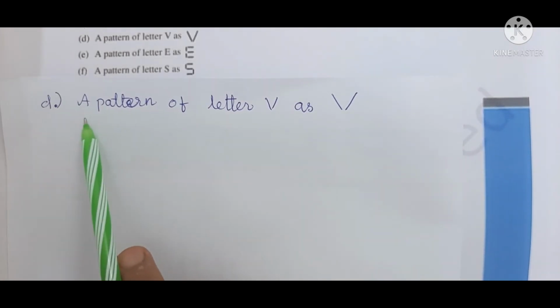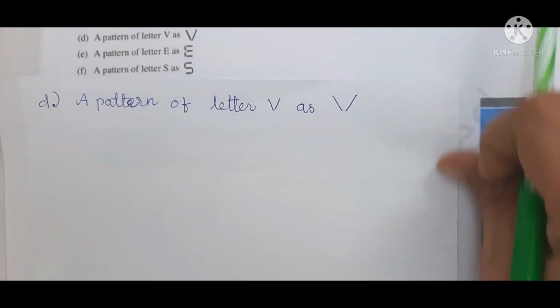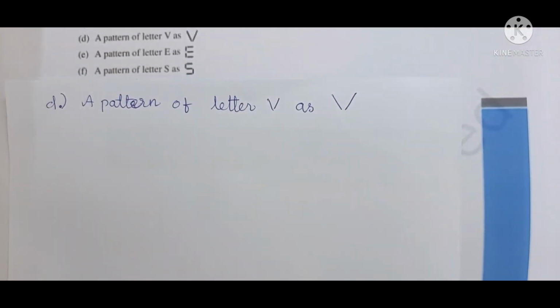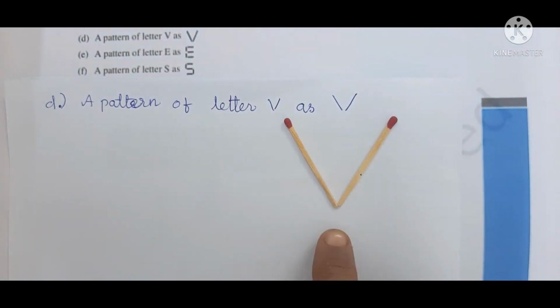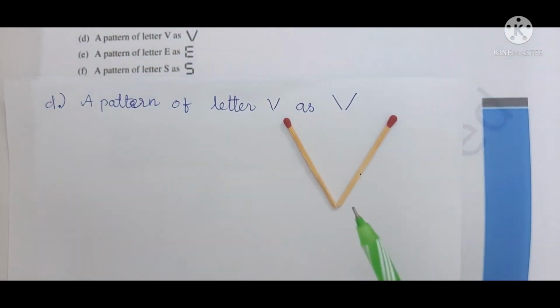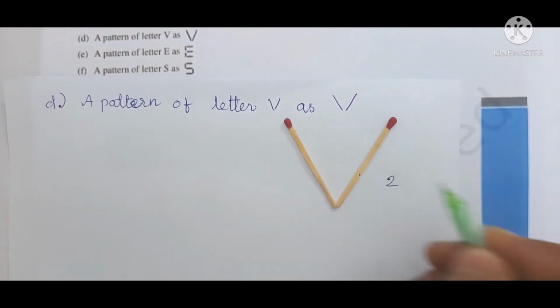Coming to part D, the question is a pattern of letter V as V. So in this question we have to make the letter V. So how many matchsticks do we need? We need 2 matchsticks for making the V letter, right? So we made a V letter with the help of matchsticks. How many matchsticks do we need? 2.